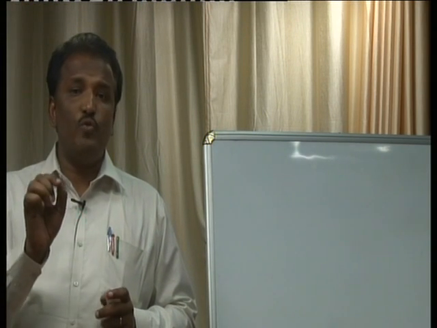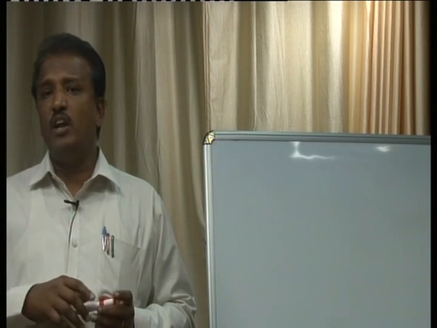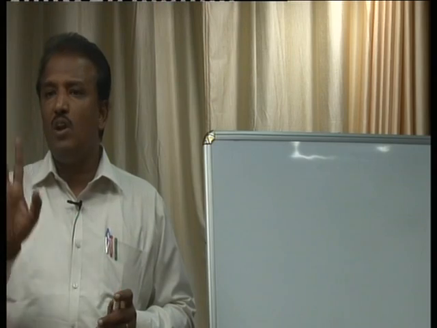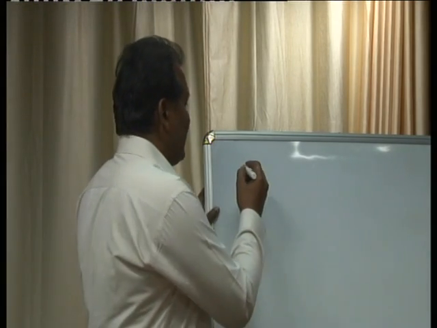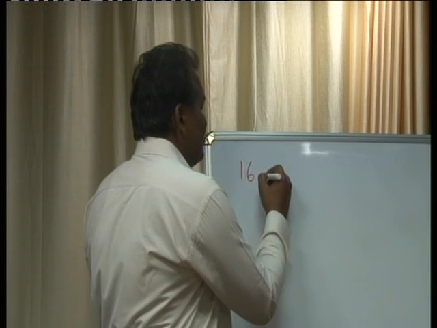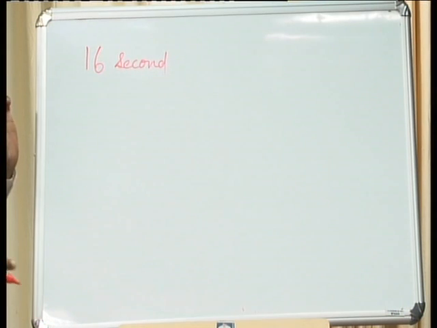Even though we are expressing the plural, we don't write the plural form of the unit. Even though it is 16 seconds, you write it as 16 second. So, you avoid the plural form even though the quantity is large.